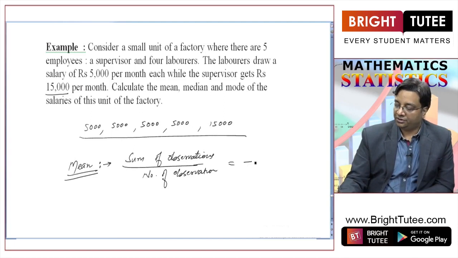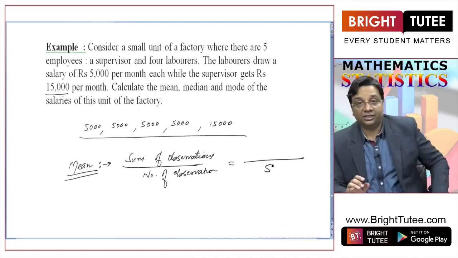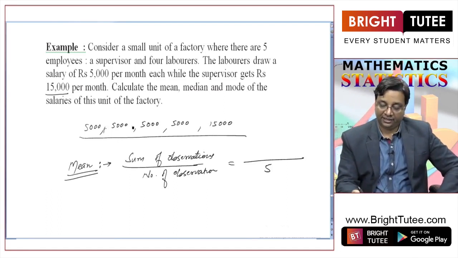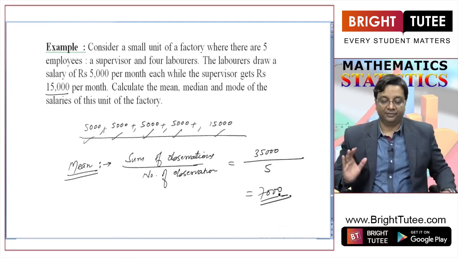Number of observations is anyways 5. Sum of observations you can calculate in two ways. One, by simply adding these. By adding these you will get 5 plus 5, 10, 15, 20,000 and then 35,000. And then dividing by 5. So 7,000 is their mean salary.